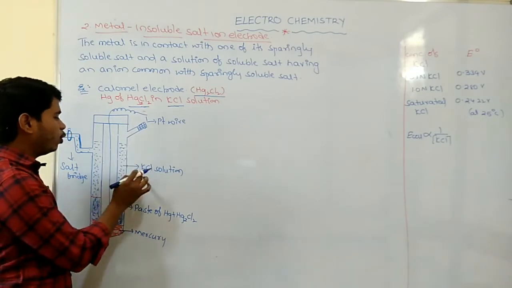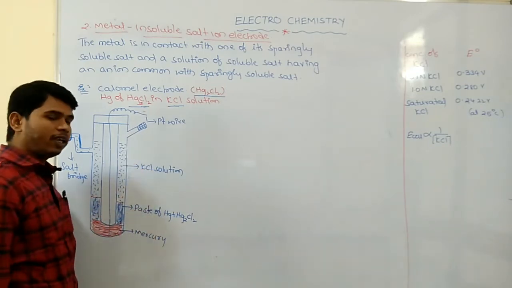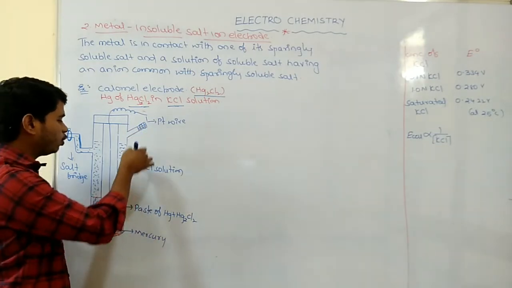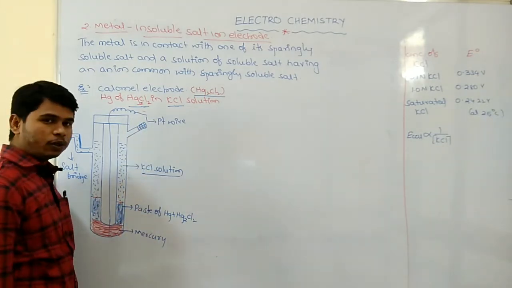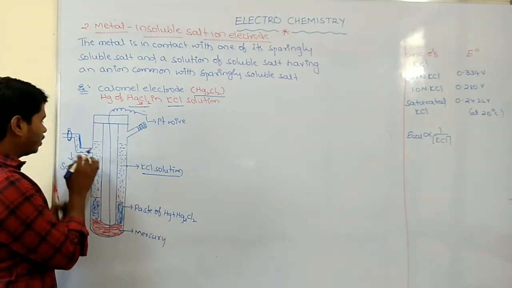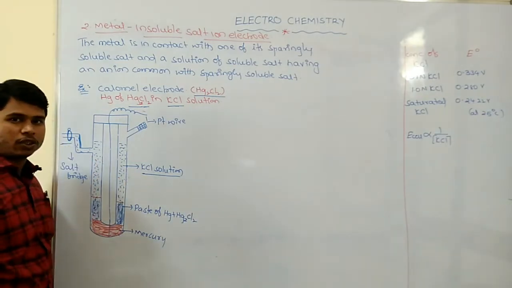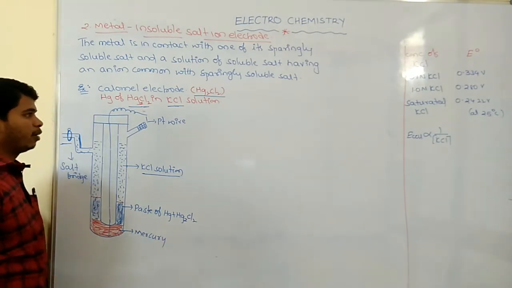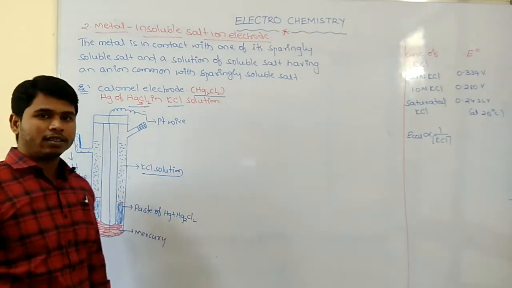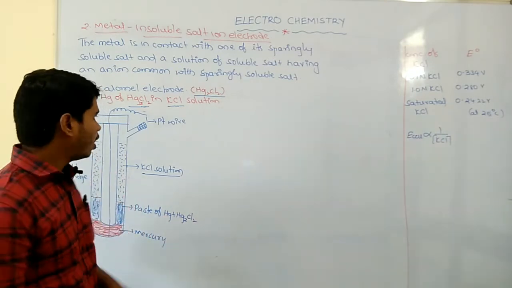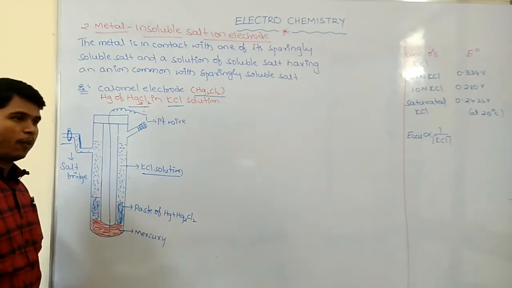The rest of the tube is filled with KCl solution, and this side tube is used to fill the KCl solution. This complete half cell is connected with another half cell by using a salt bridge. This is the salt bridge, and the platinum wire is used to maintain the electrical contact. This is about the construction of the calomel electrode.